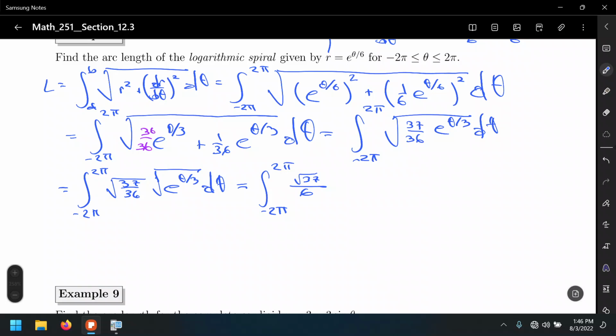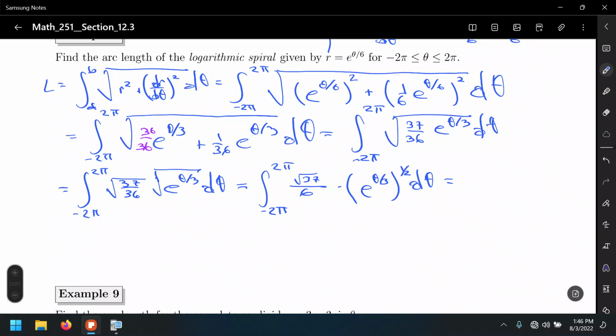We can rewrite this radical containing the exponential function using rational exponents. That is e to the theta over 3, the whole thing to the 1/2, with respect to theta. So what are we going to have in this case?